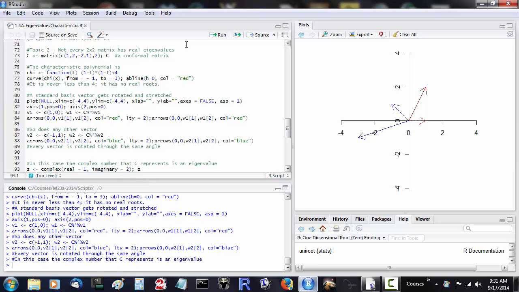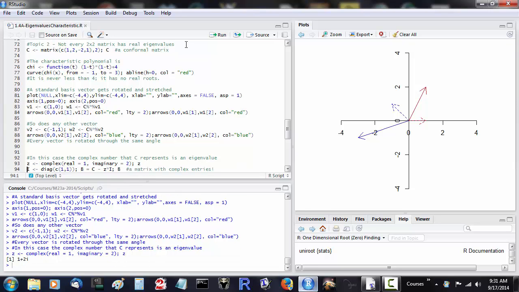What are the eigenvalues? Well, you know that the conformal matrix that we're considering represents the complex number 1 plus 2i.